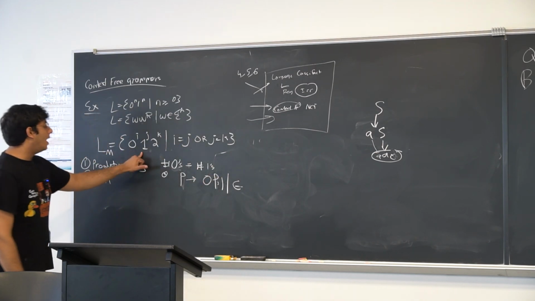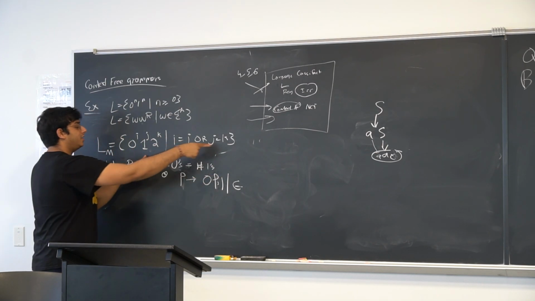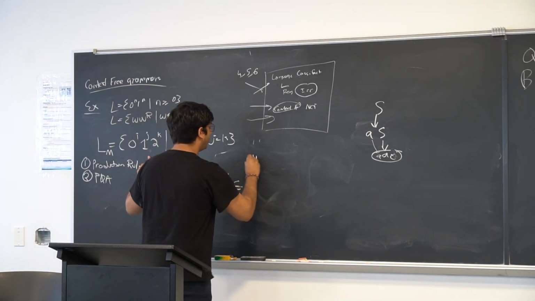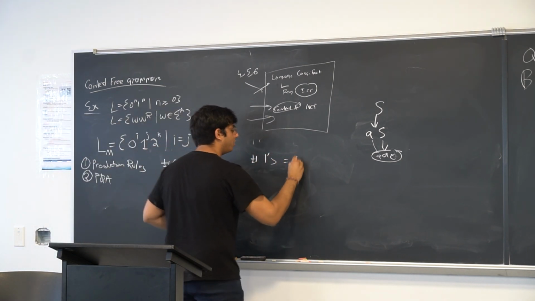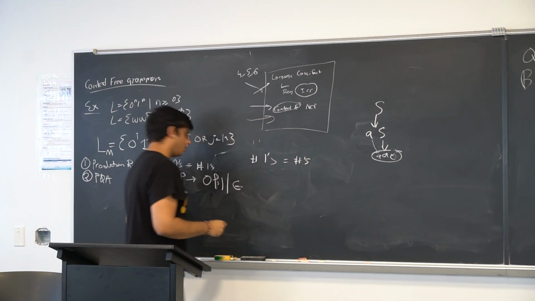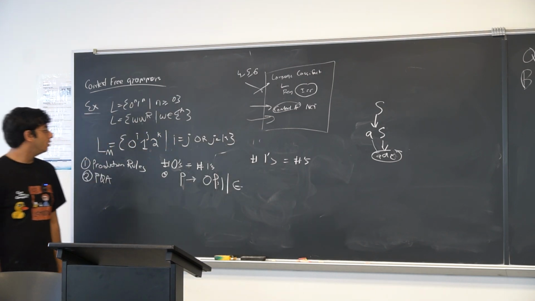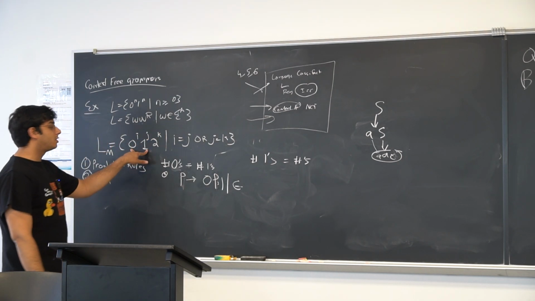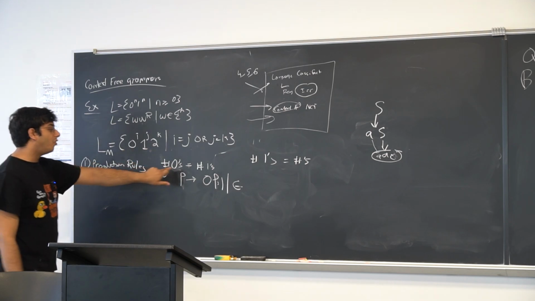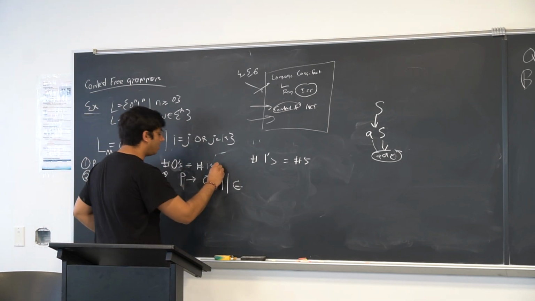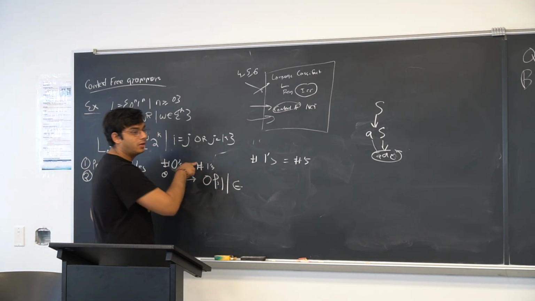Okay, now I want to generate the same language where j equals k. So number of ones equal to the number of twos. No, it respects ordering. I meant to say number of zeros equals number of ones and respects the order of this.